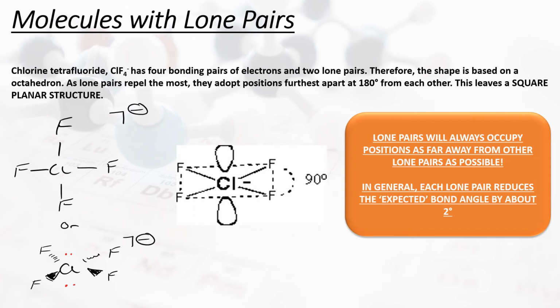And so lone pairs will always occupy positions as far apart from each other as possible, because lone pair repulsions are greatest. And as I said on the previous slide, in general, each lone pair reduces the expected bond angle, that's the bond angle that we have for our pseudostructure, by about 2 or 2.5 degrees.